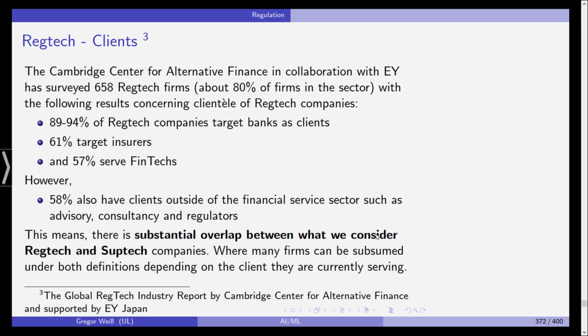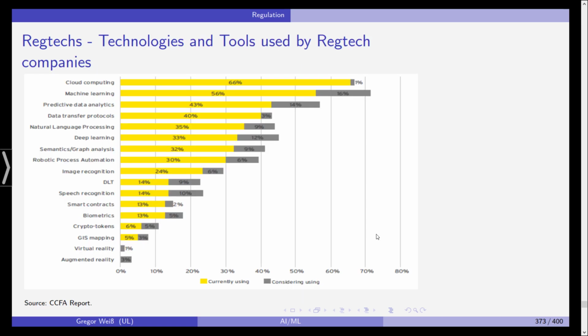So this means there is substantial overlap between what we consider Regtech and later on Suptech companies, because when we move to Suptech, this is actually where we are providing services to regulators and supervisors. And actually, some of these processes can also be used by the companies again.